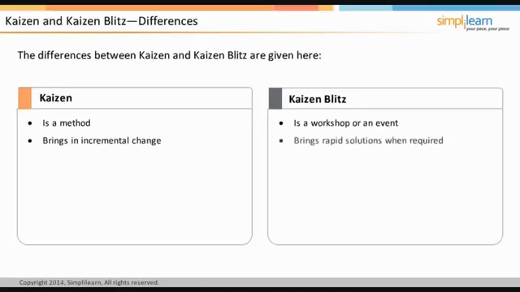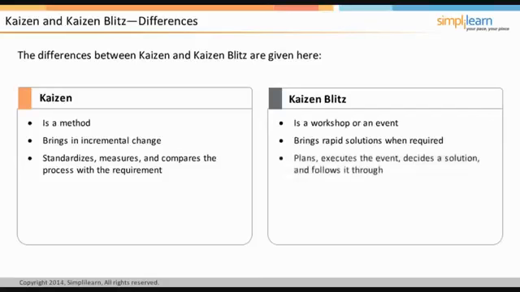Kaizen Blitz is applied when a rapid solution is required. The Kaizen method follows a step-by-step process. It standardizes, measures, and compares the process with the requirement before improving it. Kaizen Blitz plans for the event, executes it, arrives at a solution, and follows it through.